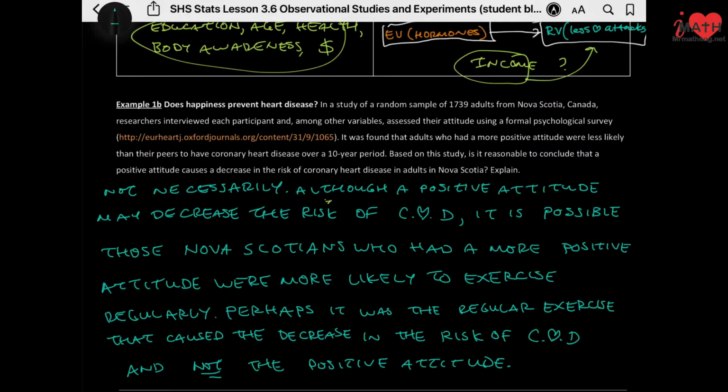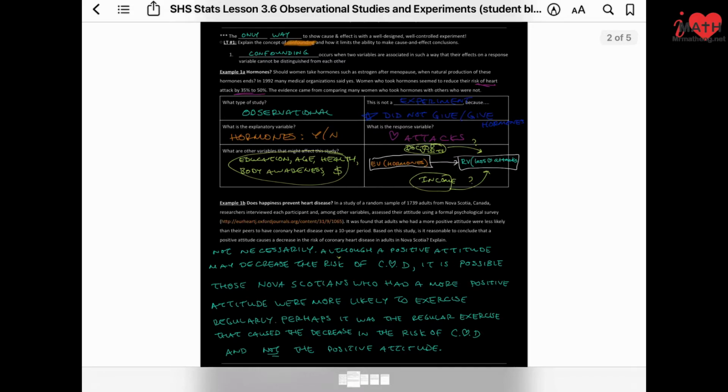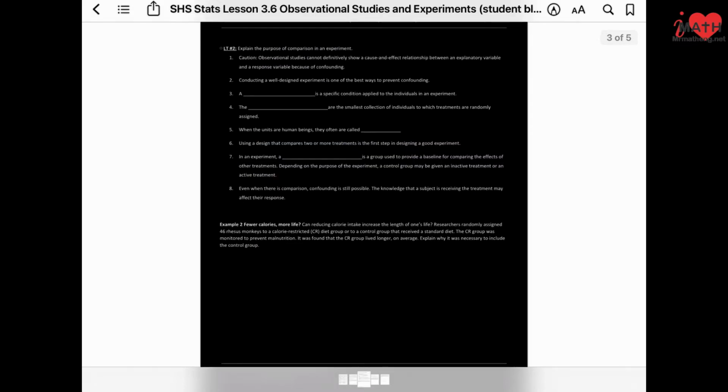That doesn't tell us about exercise, but you're going to have to kind of know what can cause someone to have better heart health: diet, what you eat, how often you eat, exercise, maybe not smoking or drinking. There's a bunch of other things that can happen. Okay? All right. Let's move on to learning target number 2.